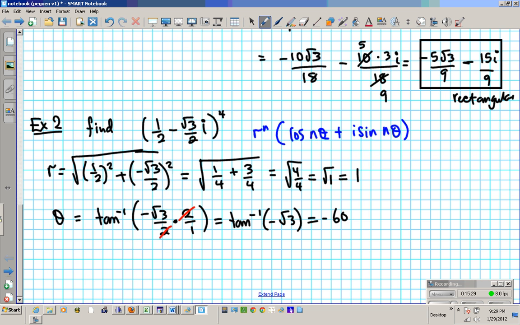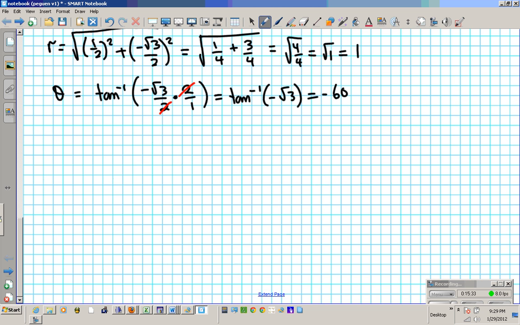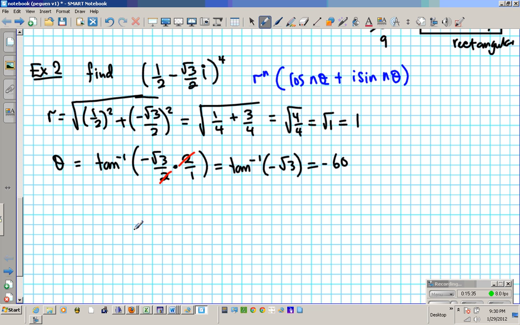Alright? So let's rewrite this question in polar form first. So 1/2 minus root 3 over 2 i to the fourth can be written as 1 times cosine negative 60 plus i sine negative 60, raised to the fourth power.